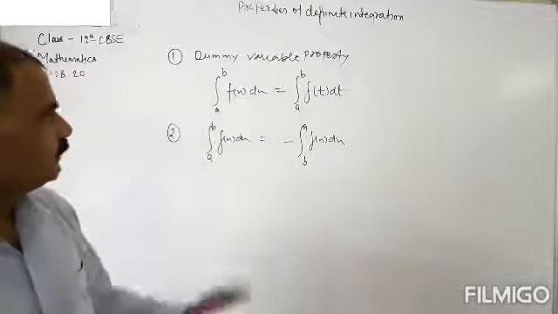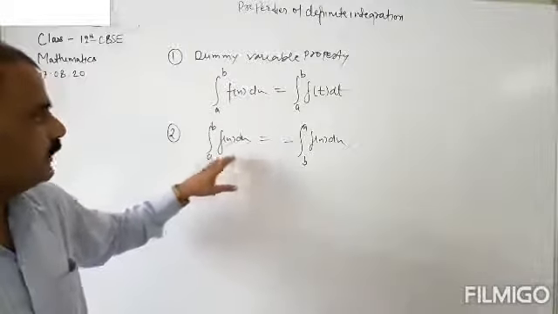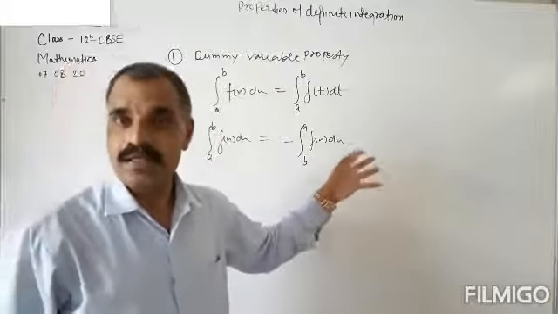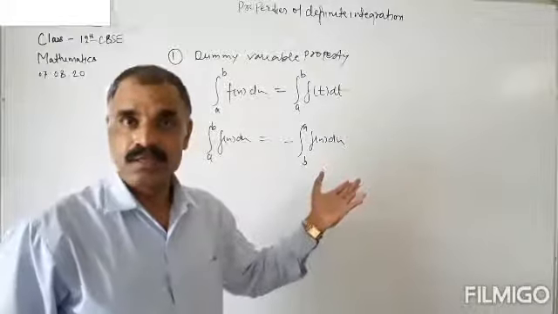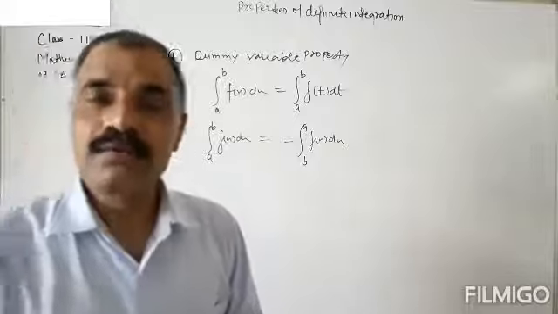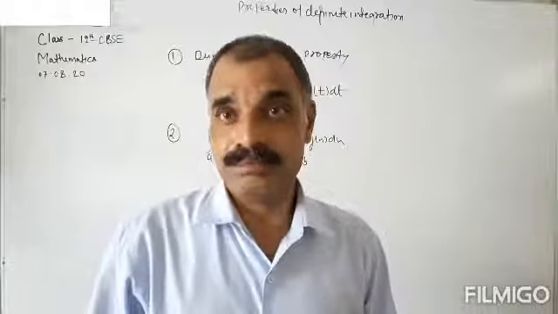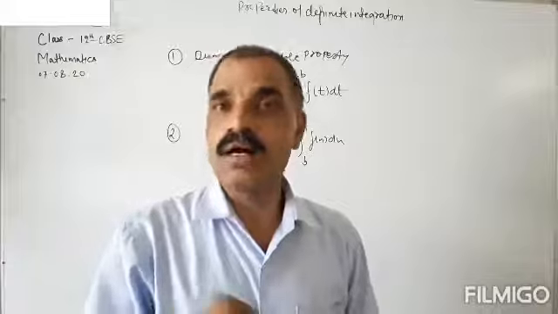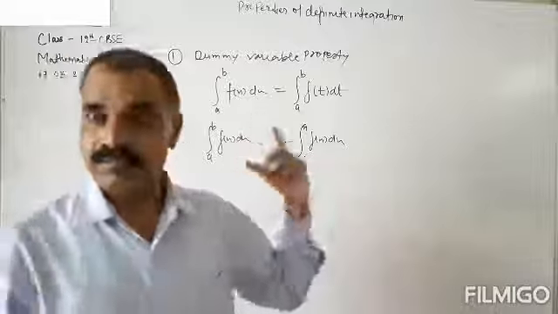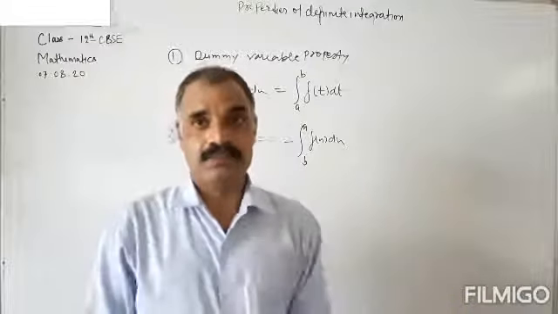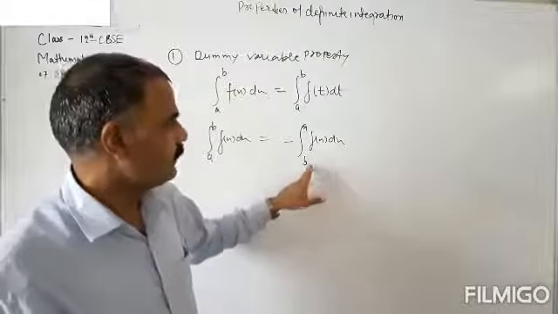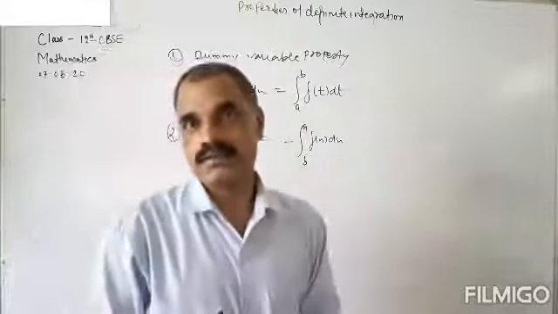Whenever we interchange the limits, lower limit to upper limit, the value of the definite integration remains the same, only the sign will change. That is minus integration b to a f(x) dx.